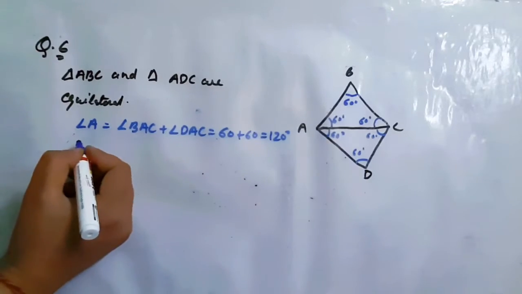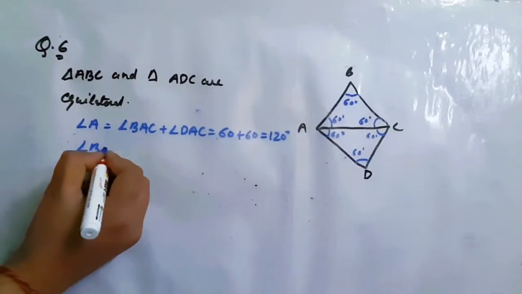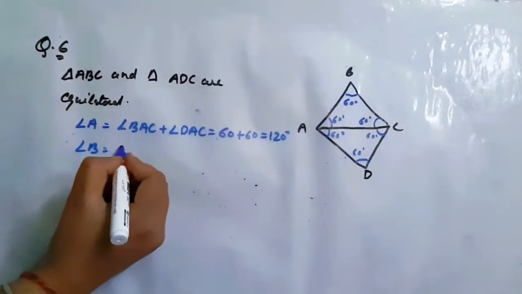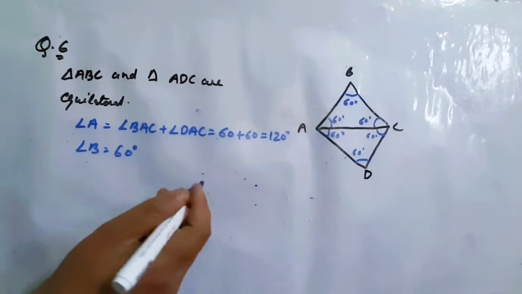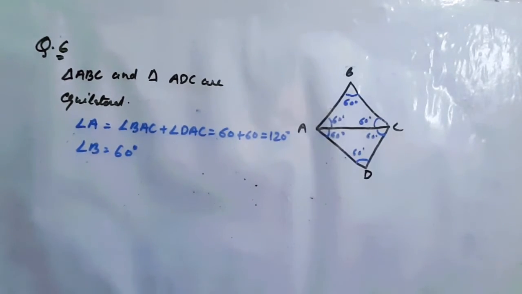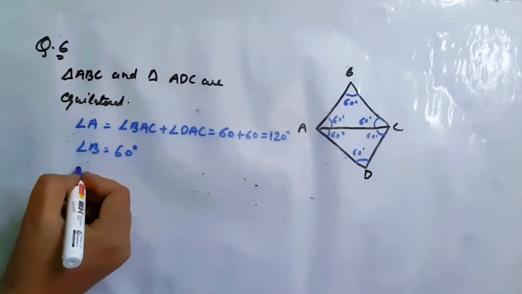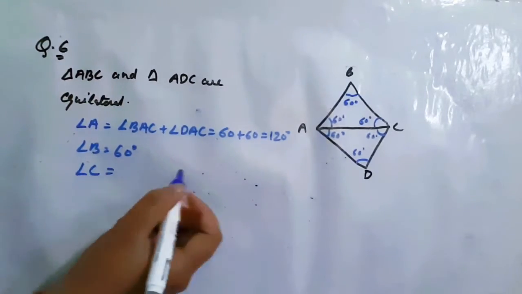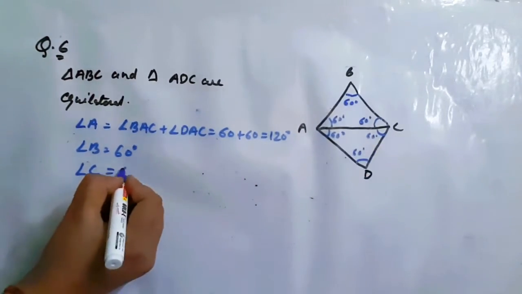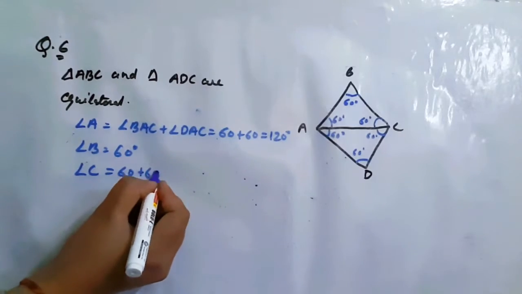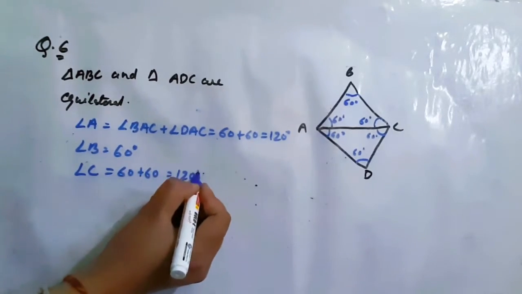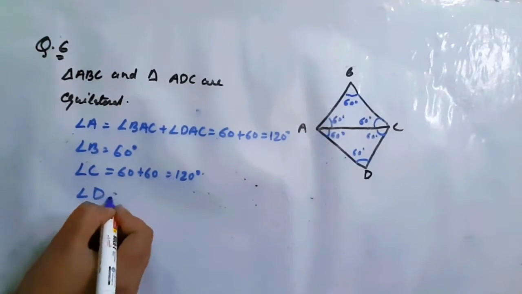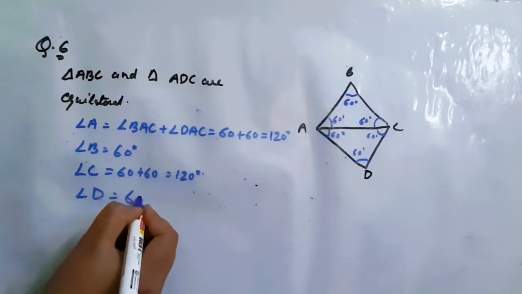Now angle B is 60 degrees alone. Angle C is also 60 plus 60, that is 120 degrees, and angle D is equal to 60 degrees.